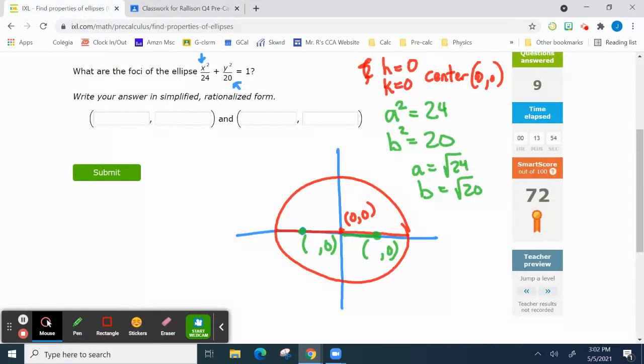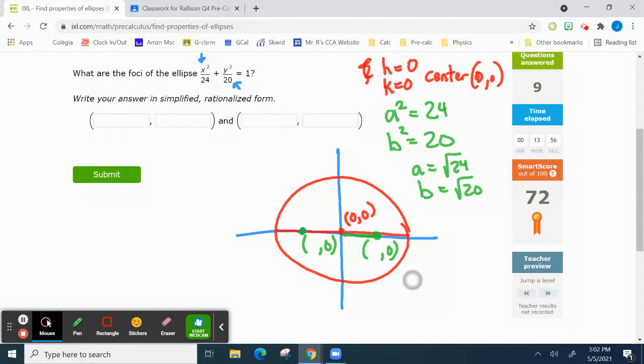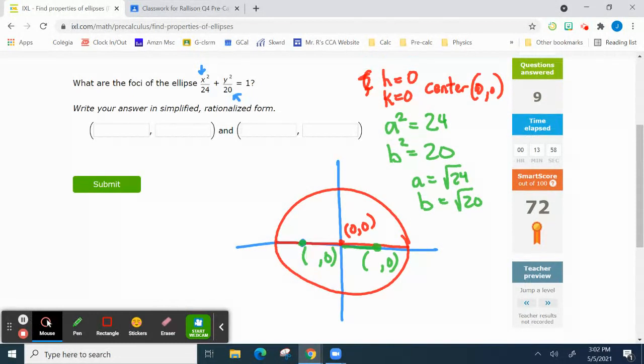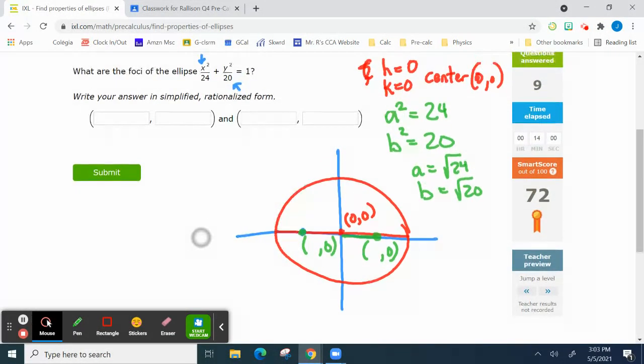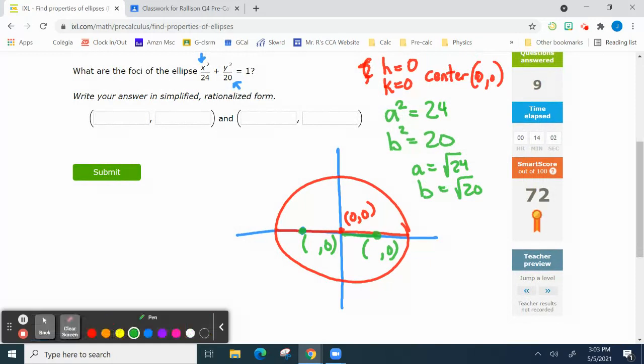So it's going to be B squared plus C squared equals A squared in terms of the way we have this labeled. And we know A and B, and we're trying to find C, right? So C squared equals, what's A squared?